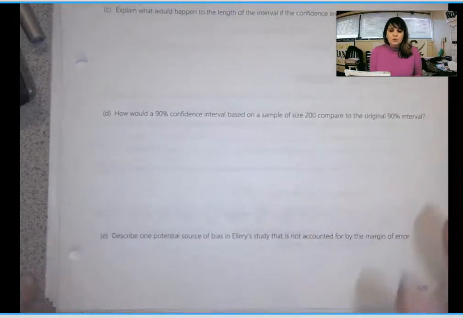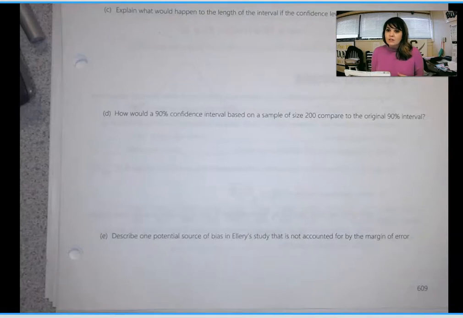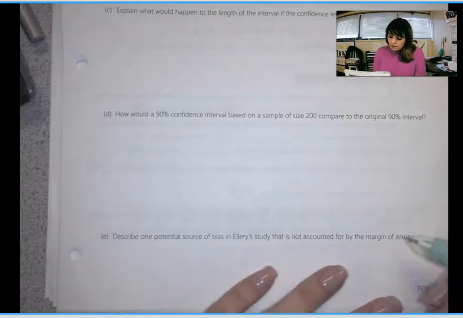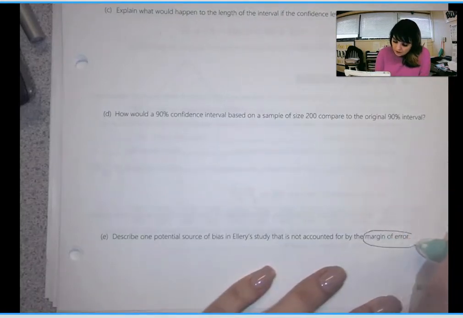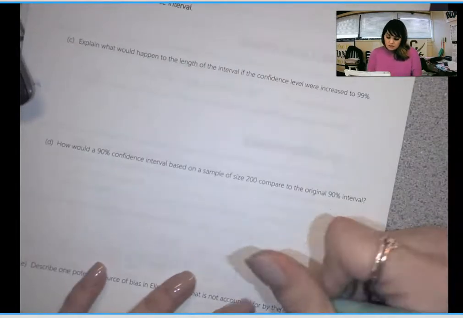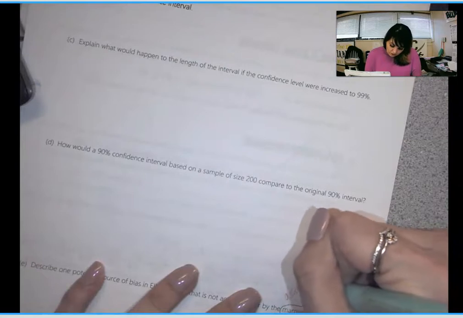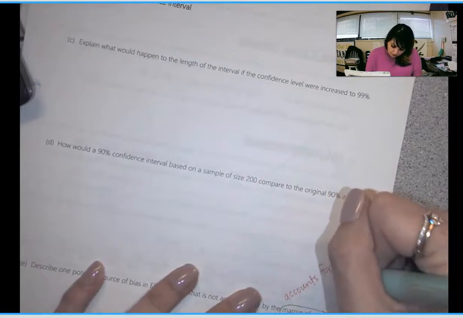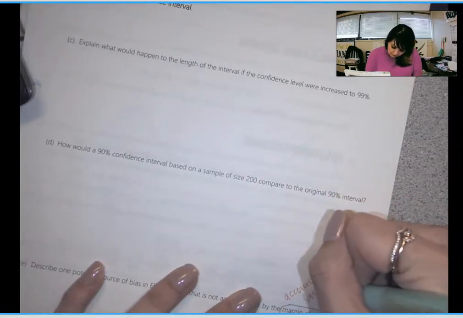So down here it says, describe one potential source of bias in this study that is not accounted for by the margin of error. Well, what the margin of error accounts for is sampling variability.